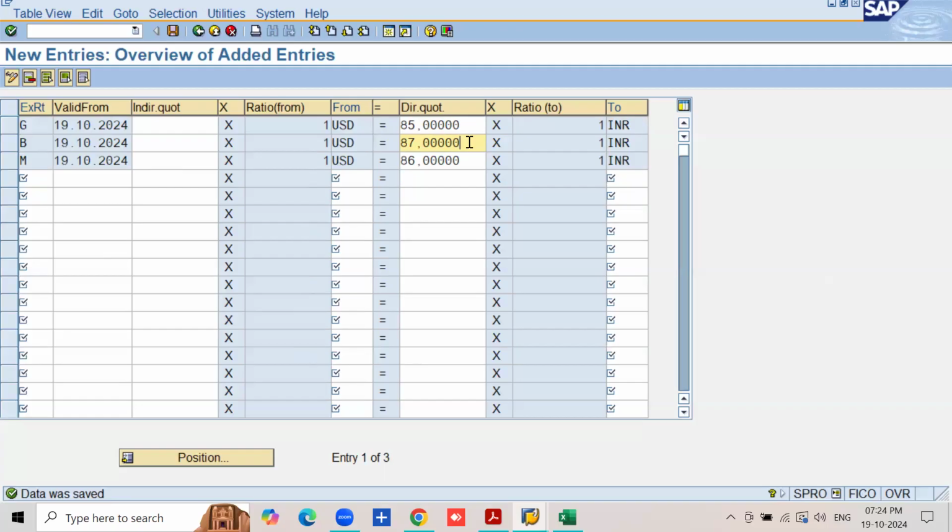The translation ratios and the exchange rates are defined with validity from date.